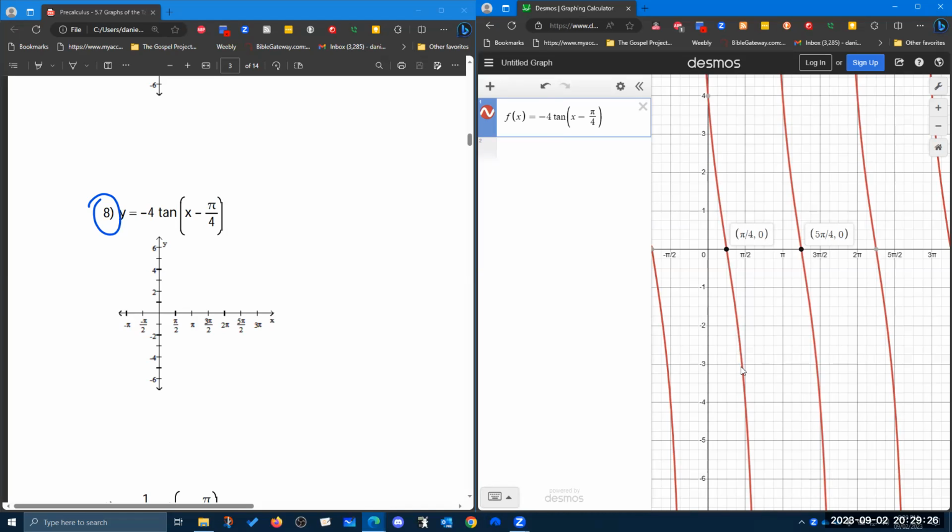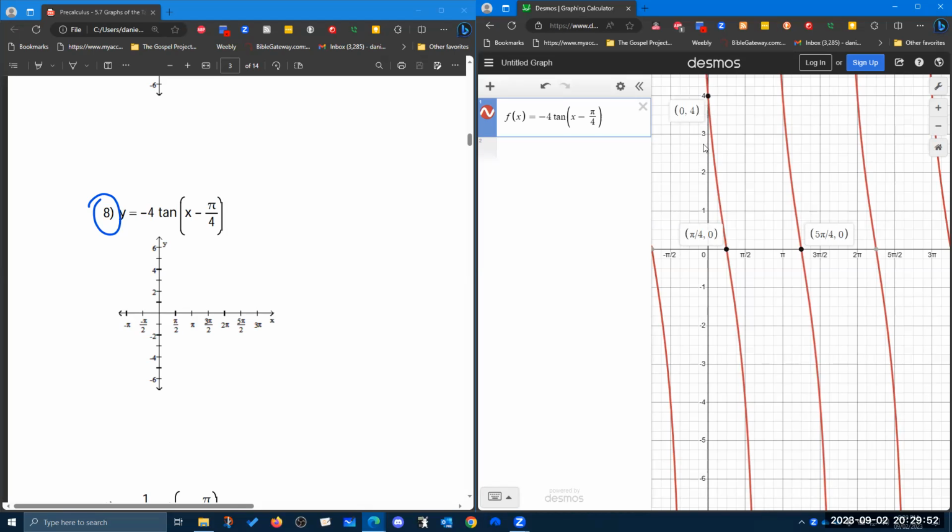So that's right here. Right in there somewhere is 3 pi over 8, negative 4, and negative 3 pi over 8, positive. I'm sorry, it's not going to be an odd function. It's going to reflect about this point.